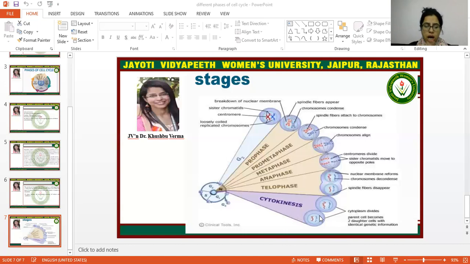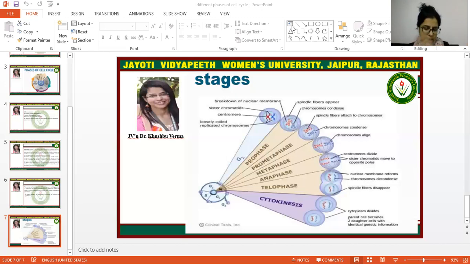There is no alteration, no change in chromosome number in daughter cells. So after the completion of mitosis, two daughter cells are prepared and the chromosome number remains the same as in the mother or parental cell.